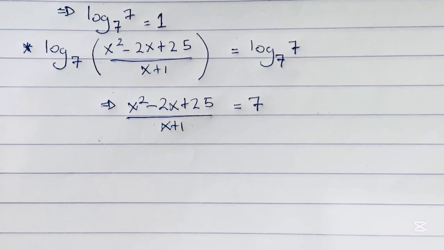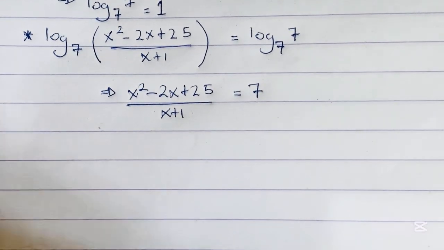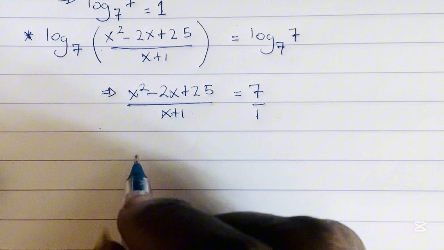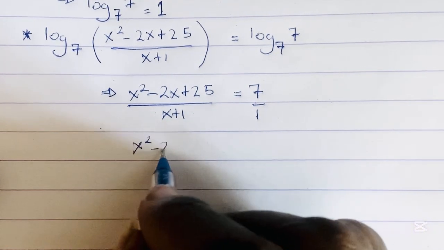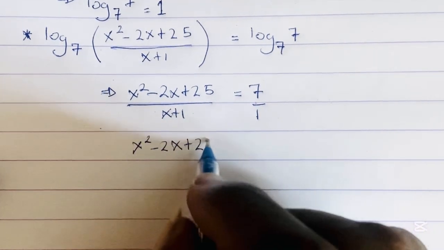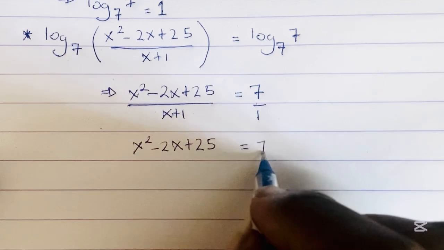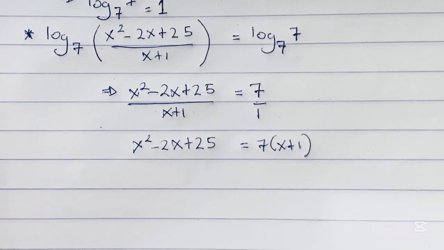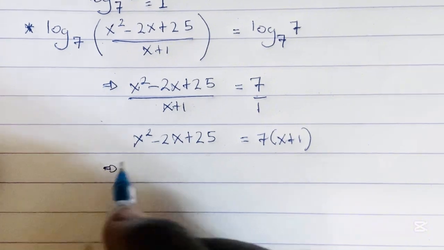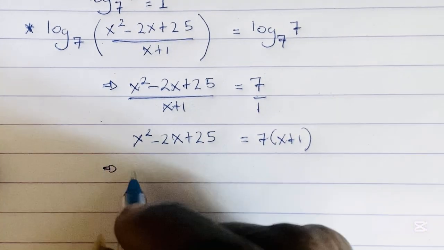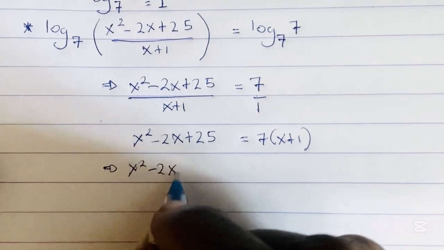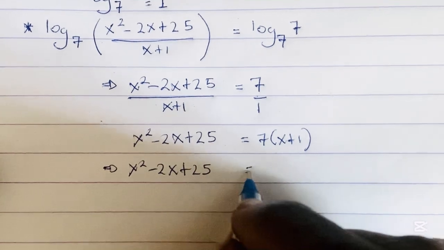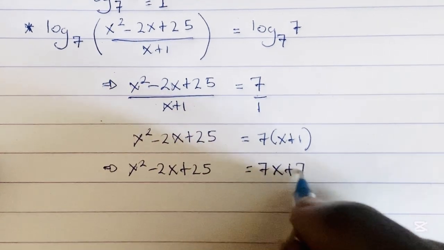Next step, we are going to cross multiply. So x squared minus 2x plus 25 is equal to 7 into (x plus 1). Then we can simplify. x squared minus 2x plus 25 is equal to 7x plus 7.